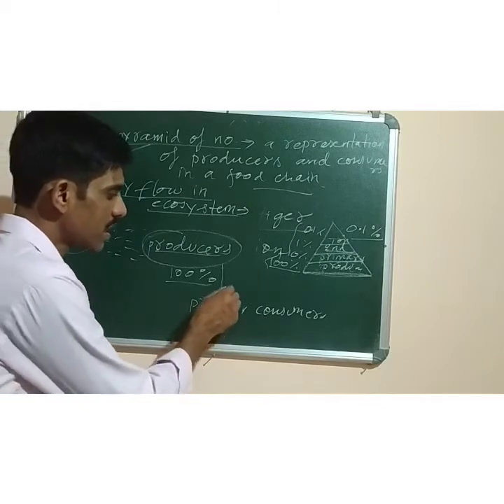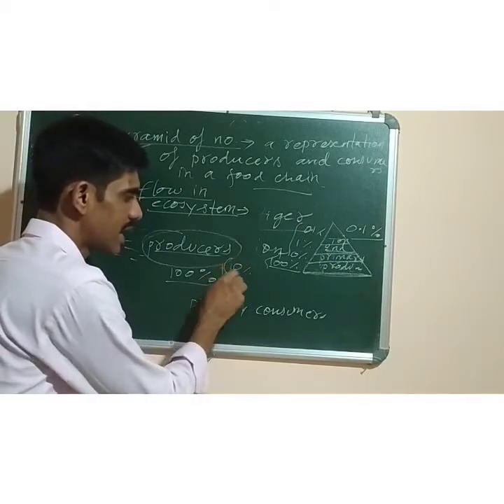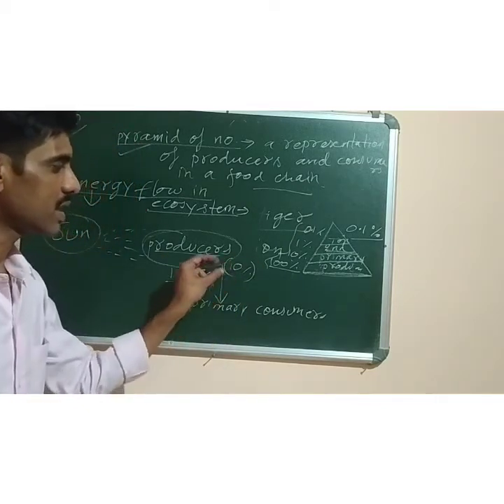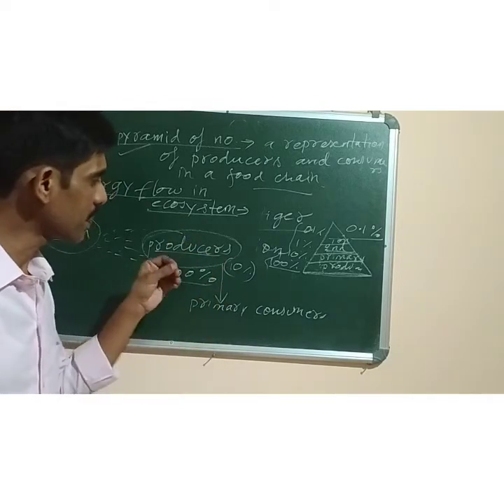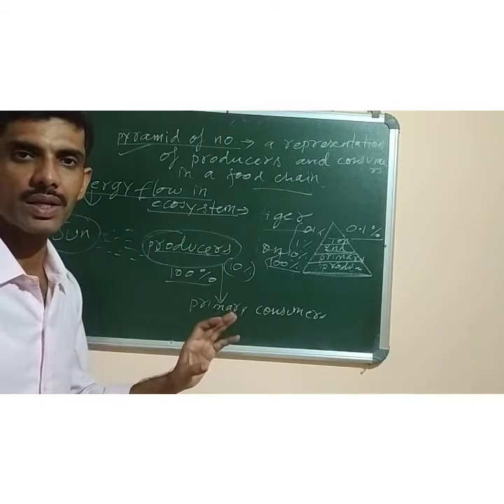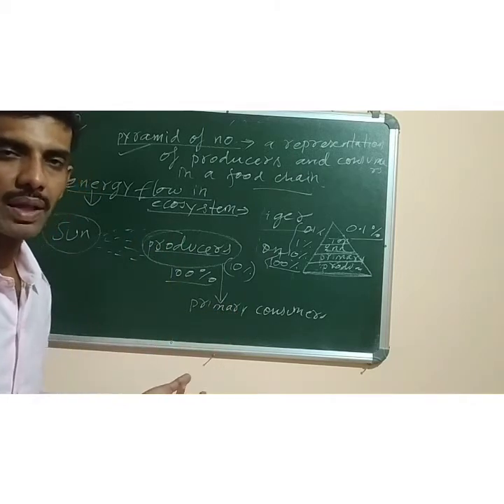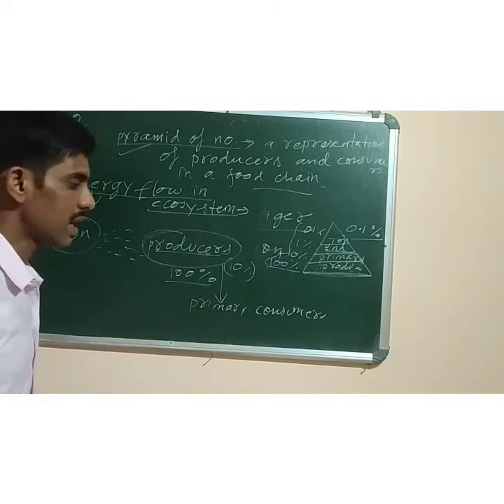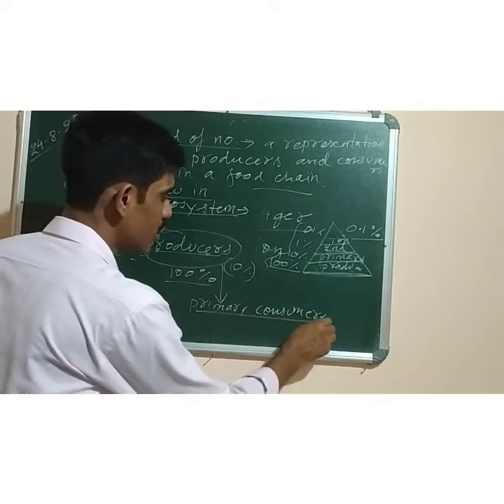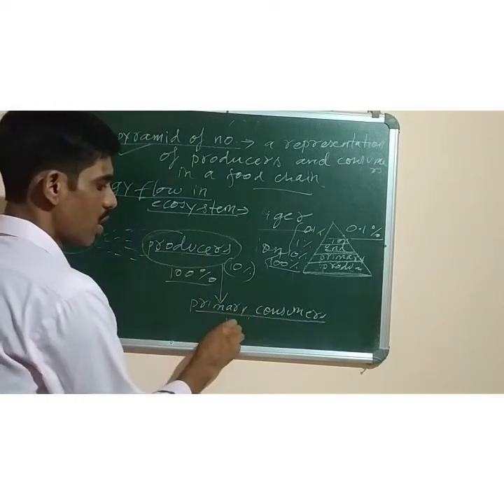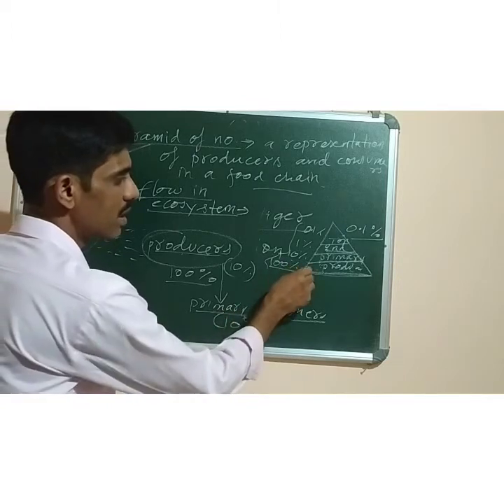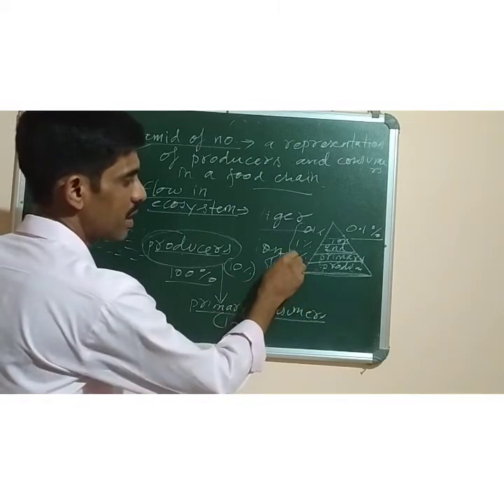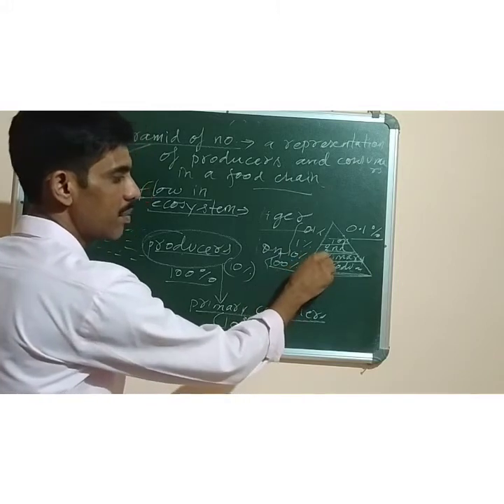But only 10% energy is stored inside them. This much energy is the stored energy. Remaining 90% energy is lost in the form of heat, or it is used up by the plants for carrying out their daily activities. So when primary consumers feed on the producers, only this 10% of the energy is transferred. So I have written here, producers 100, then 10% energy in the primary consumers.